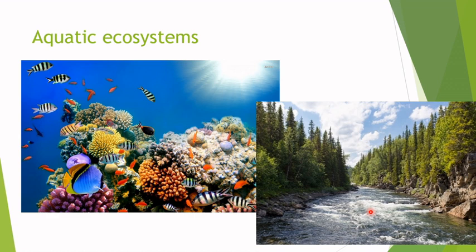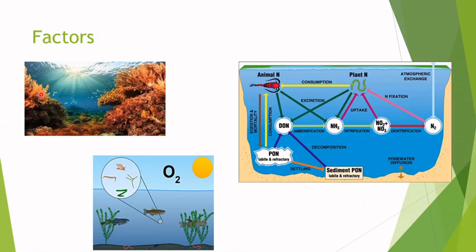But there are other abiotic factors that are important to consider in these aquatic ecosystems. One of them is going to be the amount of light. The amount of light allows plants to live, in this case more than plants, algae, but plants as well.